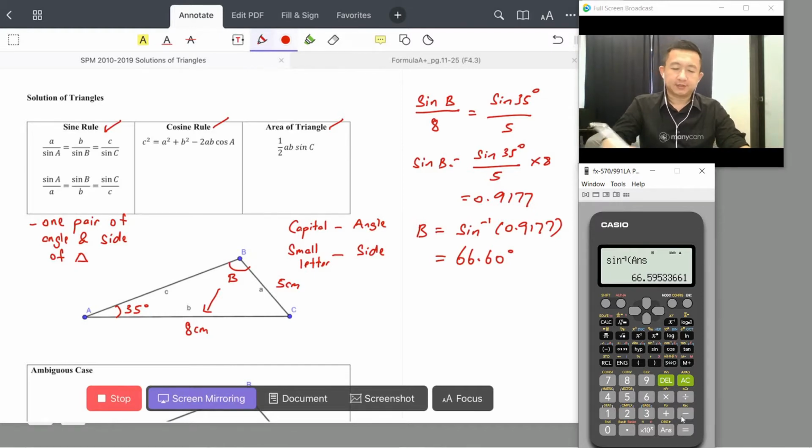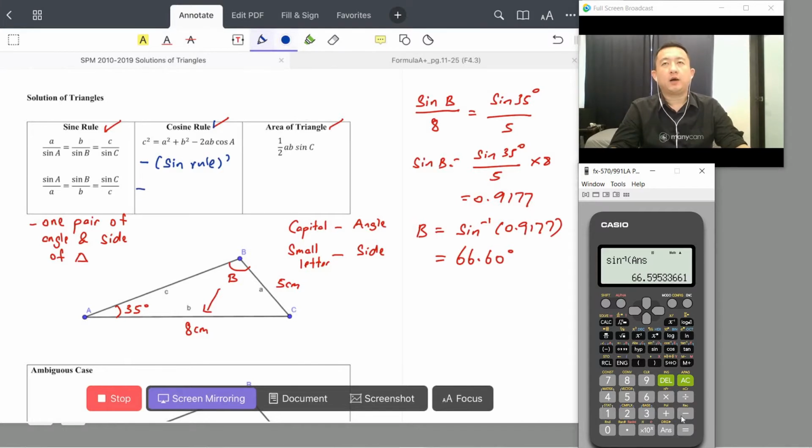Now we look at the second formula, the cosine rule. When do we use the cosine rule? It's very simple. When you cannot apply the sine rule. As simple as that. When you do not have a pair of angle and side of the triangle, you can try using the cosine rule.